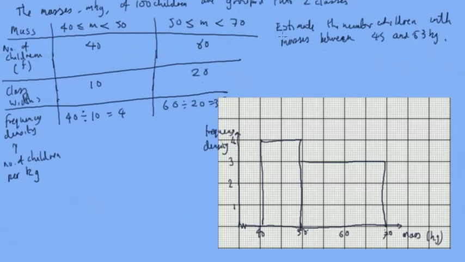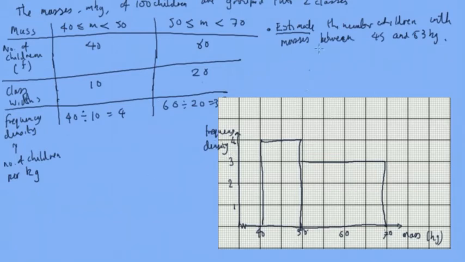Now, when it says estimate here, what we're doing is we're assuming that there is an equal spread of children with masses over this, the frequency density is evenly spread over the column areas. And that's where the estimation comes in.